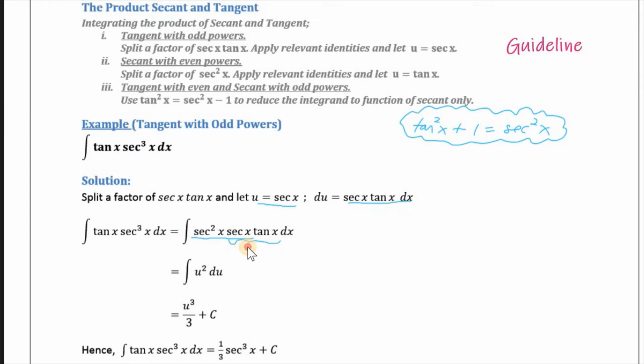So that is the du. And hence, you can get it in terms of u, integrate and replace back. So again, when you are having an integral of the product of a tangent and secant, consider using this identity and get the appropriate u.